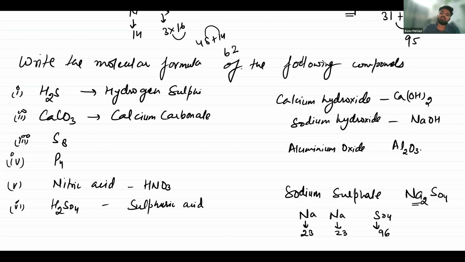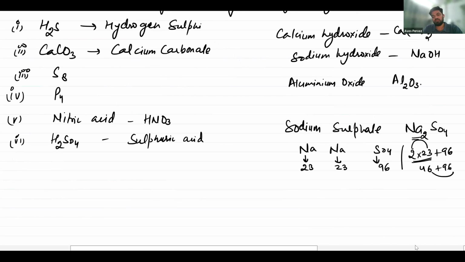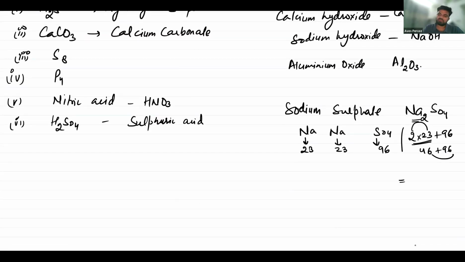Because there are two sodium atoms, it is 2 into 23 plus 96. First you multiply, you get 46 plus 96, which gives 142. Okay. Understood?